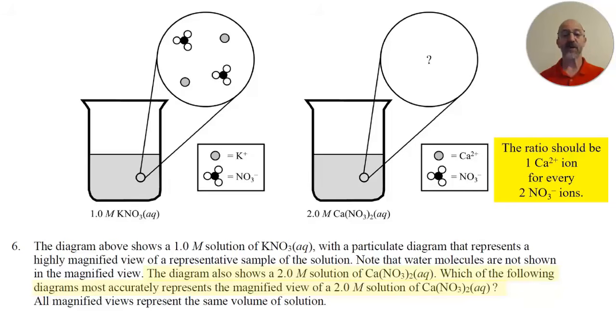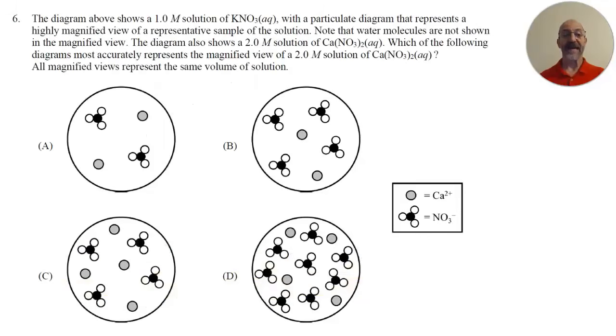Let's consider the 4 choices in question 6 and see if we see that proper 1-to-2 ratio. Now in choice A, it's a 1-to-1 ratio of ions, so I'm going to eliminate choice A. And then in choice C, I also see a 1-to-1 ratio of ions, which I know is incorrect, so I can eliminate choice C. So I know that the correct answer to question 6 is either choice B or choice D because it shows 1 calcium ion for every 2 nitrate ions.